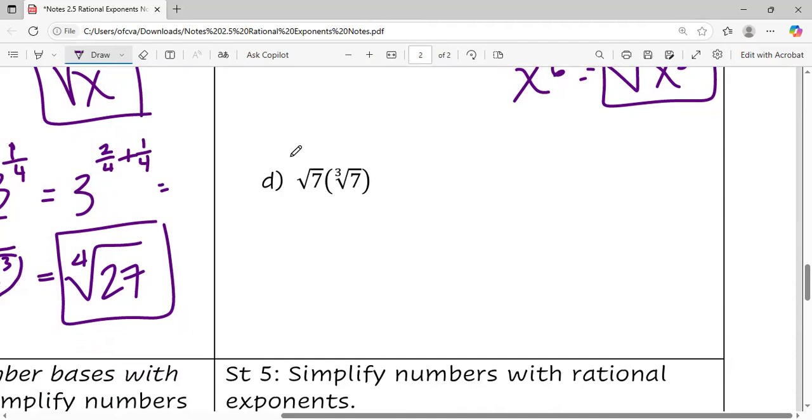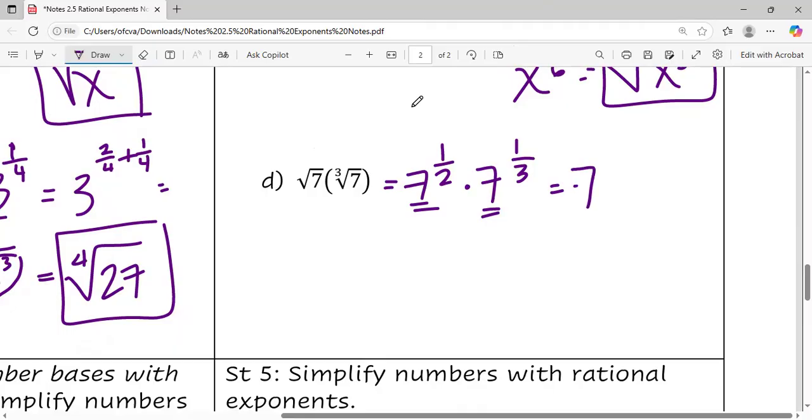And the second one, D, you're working with regular bases, but remember the rules don't change just because your base is a variable or a regular number, a constant. It's the same. So the first one is 7 to the 1/2. The second one is 7 to the 1/3. And again, I need the same denominator. I can use the properties because my base is the same, but I've got to work with the fraction denominator.